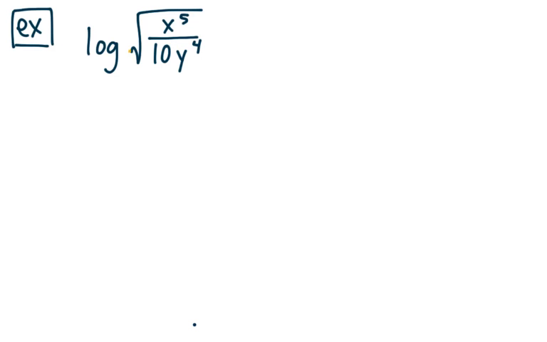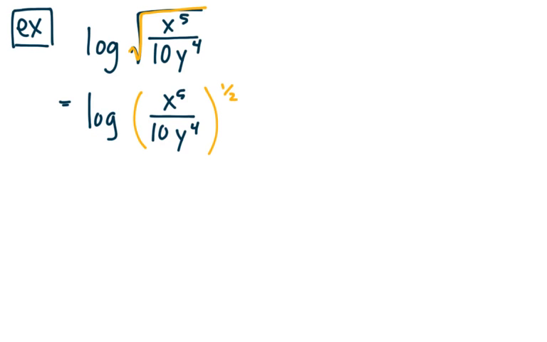As we did in that last one, this square root can be rewritten as a 1/2 power. And that 1/2 power is going to apply to the entire argument because everything is under that radical. So I'm going to write it like this.